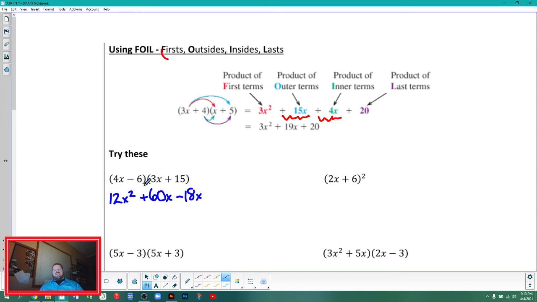And then last, 6 times 15, which is 80, right? No, 90, negative 90. I have a couple like terms here. I'm just going to underline those ones. We need to combine those, and that's going to be 42. So 12x squared plus 42x minus 90.